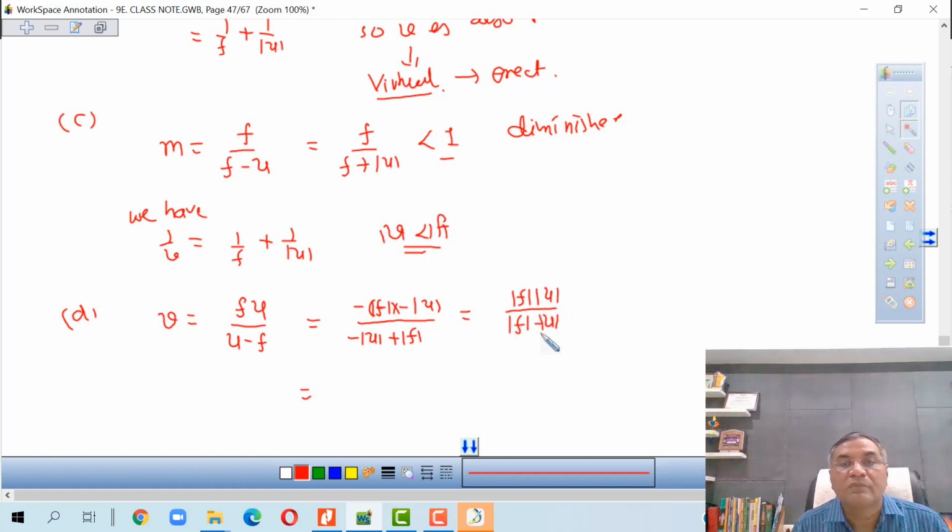Now you can see here, this f is greater than u because it is already mentioned, okay, object distance is less than f. So this is positive, the upper side is also positive, and so it is greater than 0, which implies that v is positive and hence image is virtual.